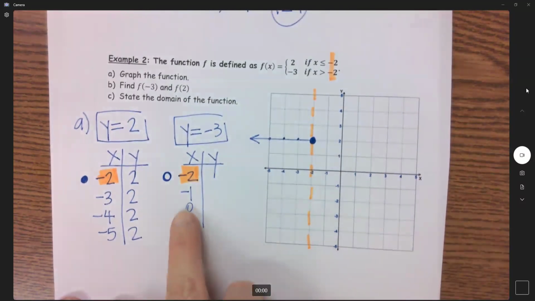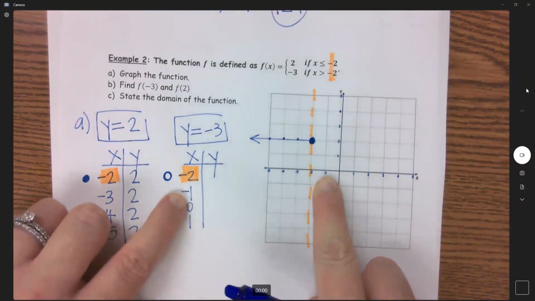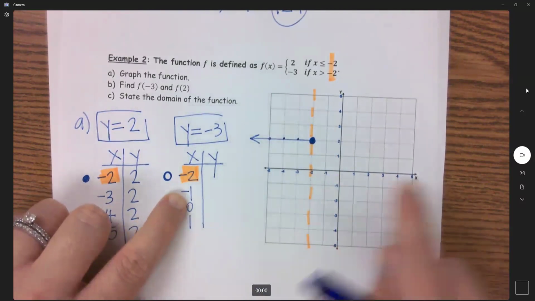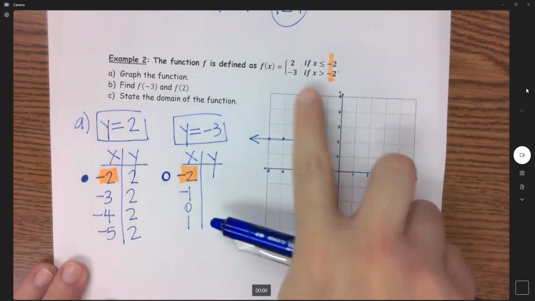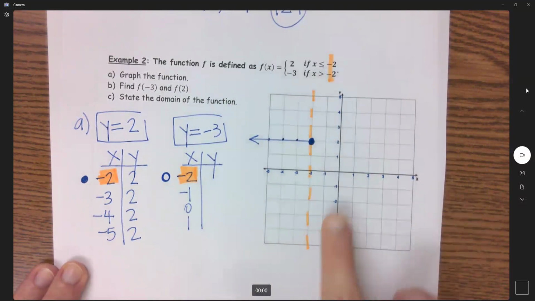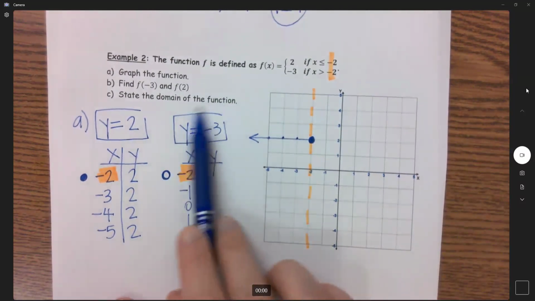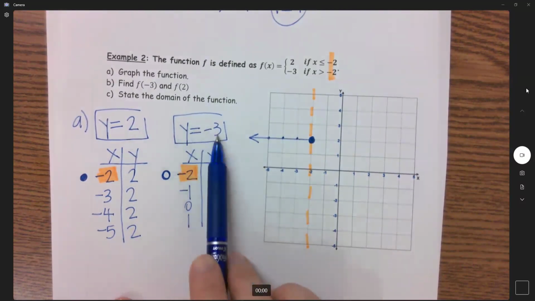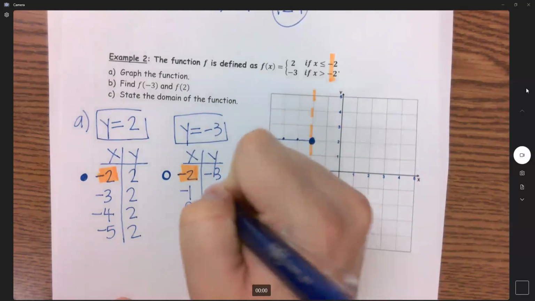Okay, now for the record, I always pick that next one over, but you don't have to pick -1. You can pick anything that's in this domain. So you could pick 2, you could pick 5, it does not matter, just something that meets this criteria of x is greater than -2. Now this equation doesn't have an x in it again, it's just y equals -3. So I have -3 all the way down here.